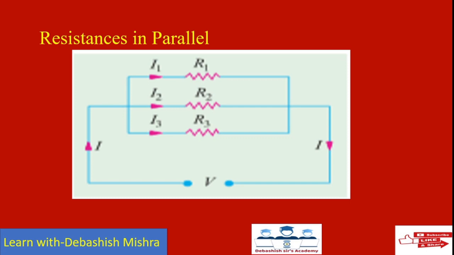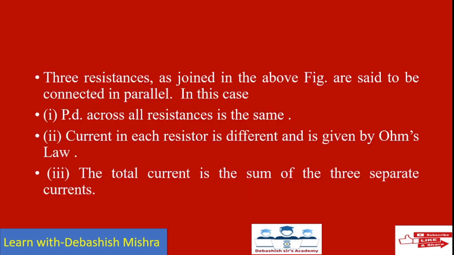Then resistances in parallel. You can see in the diagram three resistances R1, R2, R3 in parallel, with three different currents I1, I2 and I3. Then total current is I and voltage is V. The three resistances joined in the above figure are said to be connected in parallel.